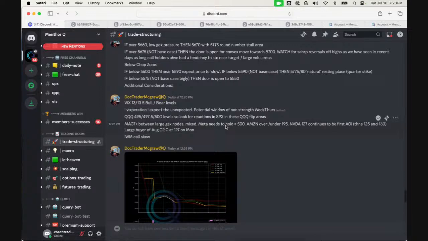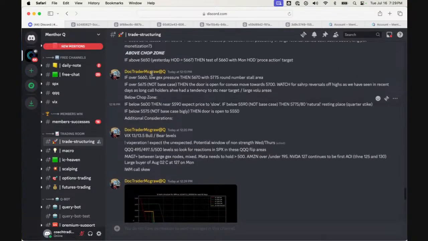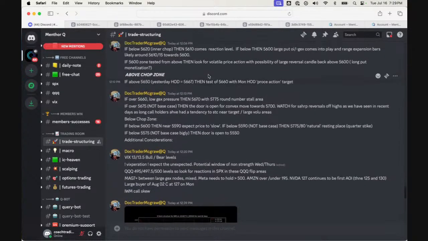So I expected it to stall somewhere up there. If we get over 56.60, it's a low gamma pressure environment. There's not a lot of hedging demand, possibly 70, 75 round numbers, stall area, but I don't expect that. And then I go through different scenarios, so if you wanted to take a long or a short trade, you can use these scenarios.